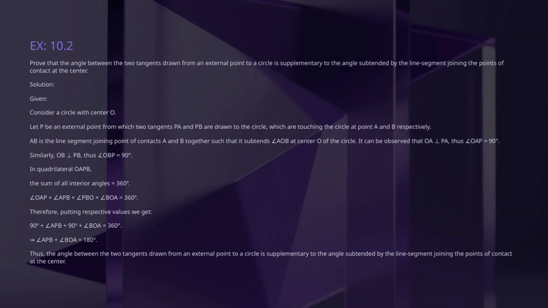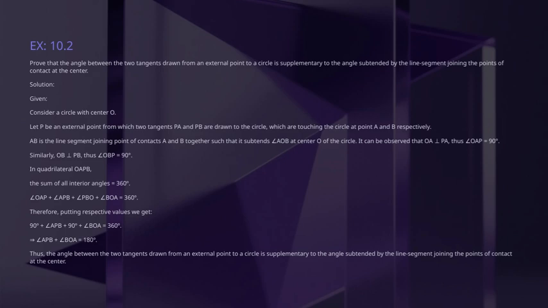In the quadrilateral formed by points O, A, P, and B, we observe that OB is perpendicular to PB, which means OB is a right angle, or 90 degrees. Additionally, OB is the segment that joins the contact points A and B, and it subtends the angle AOB at the center O. Furthermore, since OA is perpendicular to PA, the angle OP must also be 90 degrees.